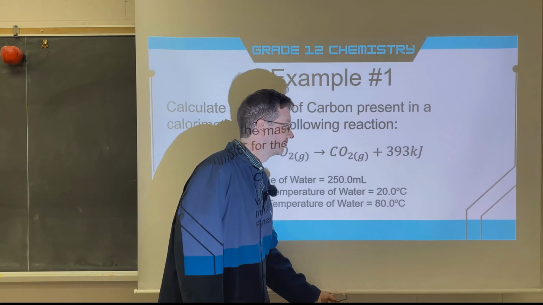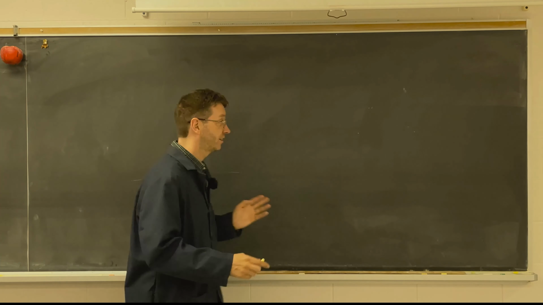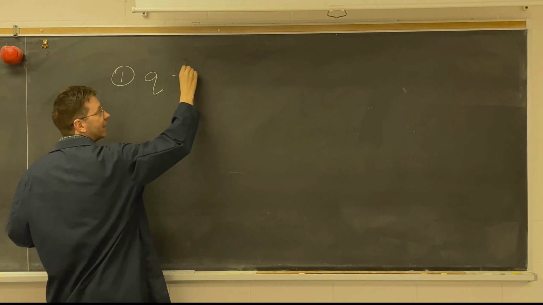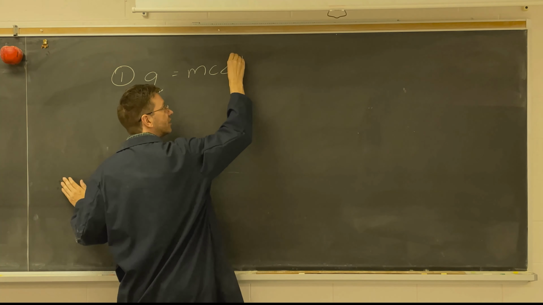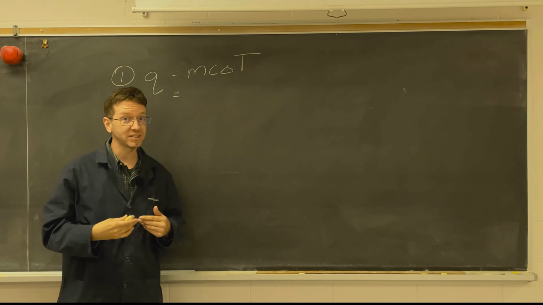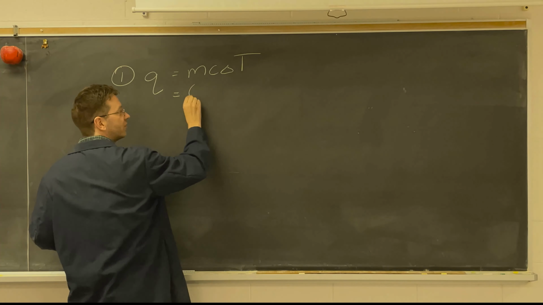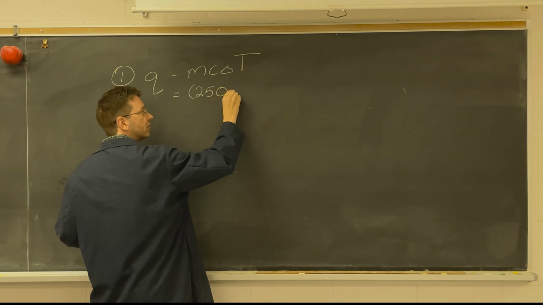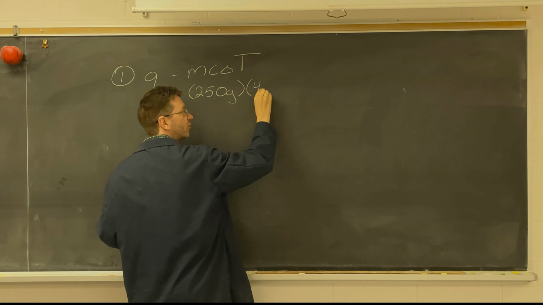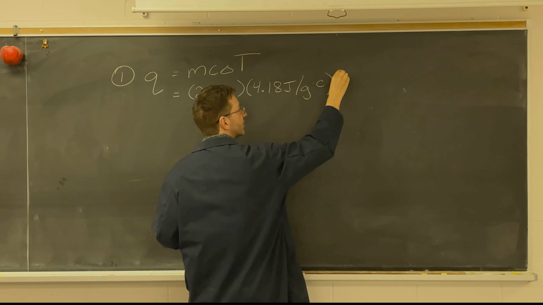Let's try. So the first step is to figure out how much energy the water actually gained. So step one, we're going to use Q for heat equals mc delta T. So we have the mass of the water. It said 250 milliliters, but since water's density is 1 gram per milliliter, that's just 250 grams. Specific heat capacity for liquid water is 4.18 joules per gram degrees Celsius.